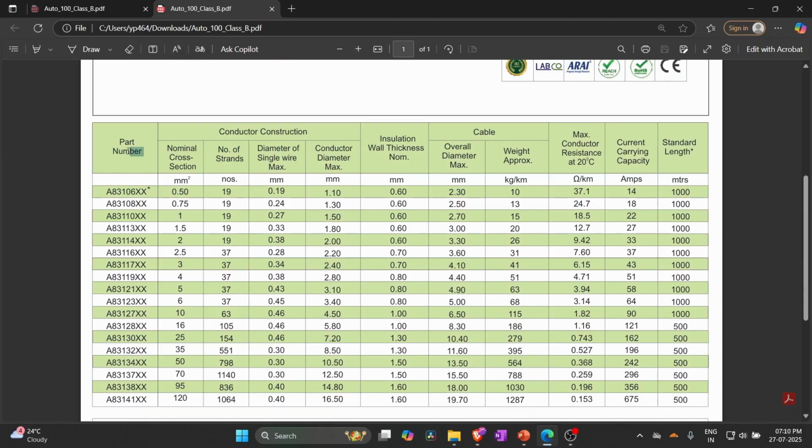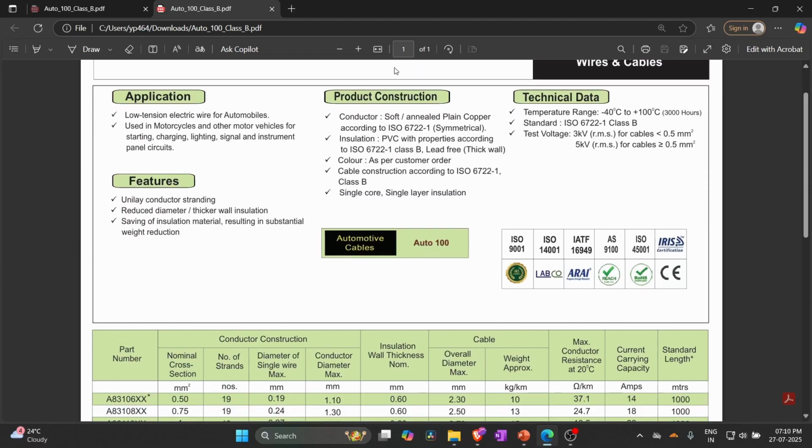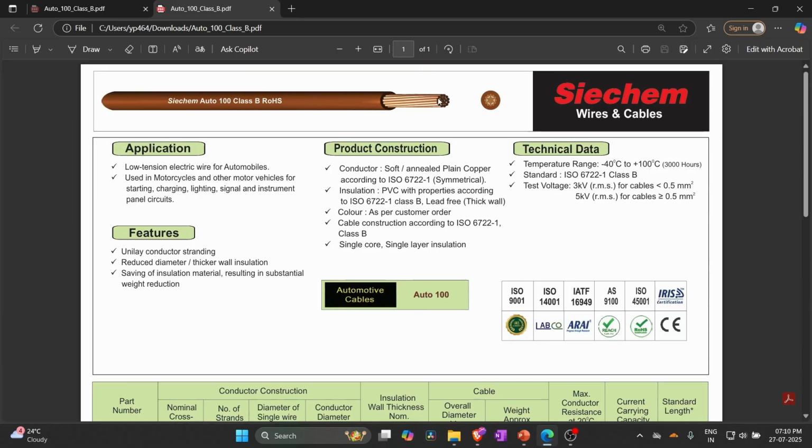So this is the part number of the manufacturer of the wire, and here is the cross sectional area. So let's assume we want a 0.5 square mm wire. Let's understand what is the construction. The number of strands is 19. For a 0.5 square mm wire, if you count the individual strands sequentially, it will be 19.